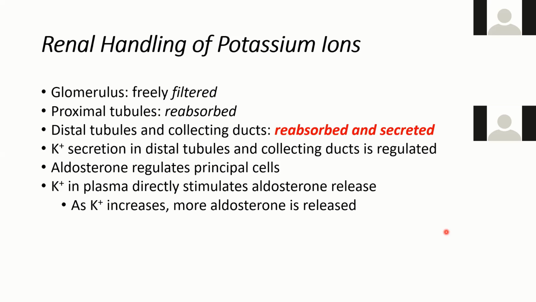So when we were talking about sodium balance, we were thinking about renin, angiotensin 1, angiotensin 2, all the way down to aldosterone. We're going to see that aldosterone is also just immediately secreted when we sense an increase in potassium in the plasma. So as we increase potassium, we're going to release more and more aldosterone. So that's kind of a direct relationship.